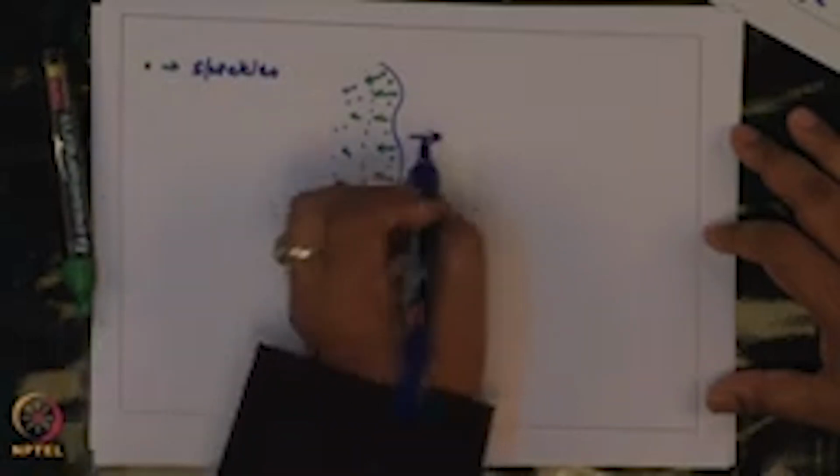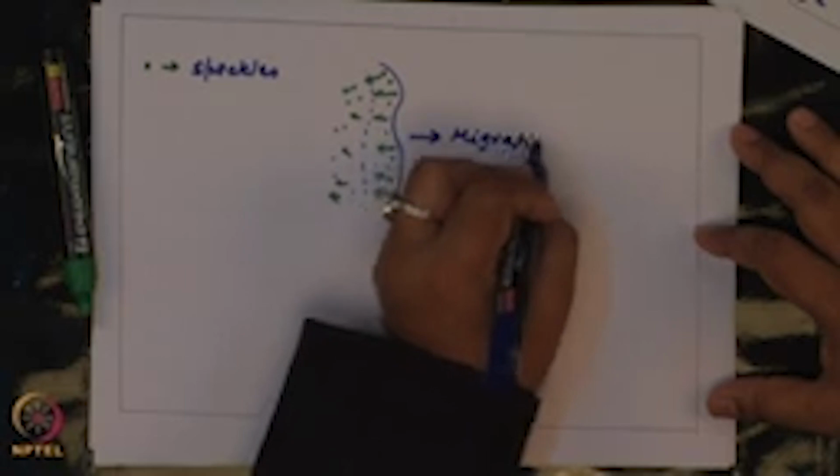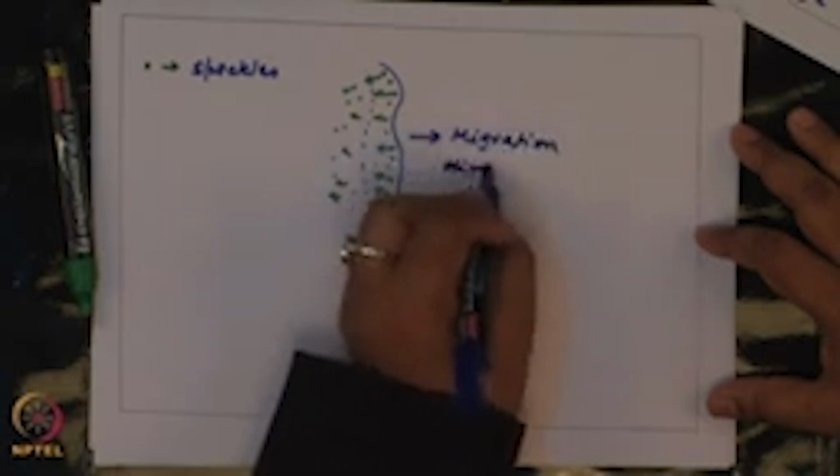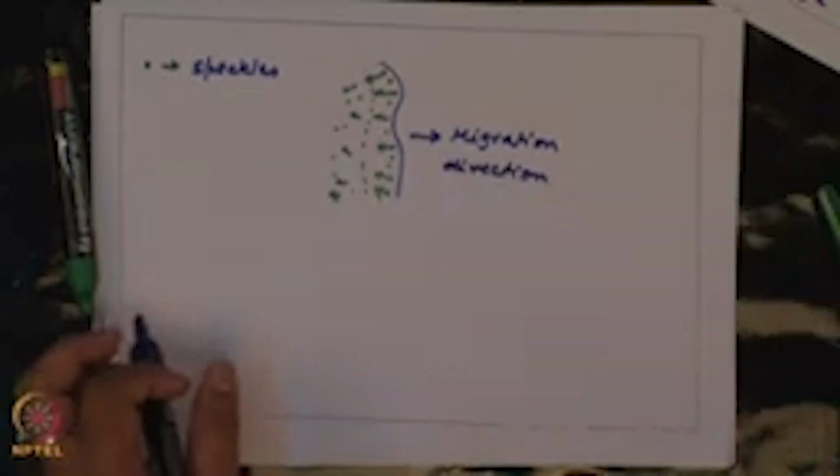This is the direction of migration. What they found was there exist two populations of speckles.